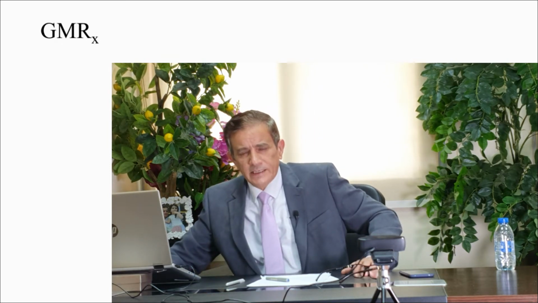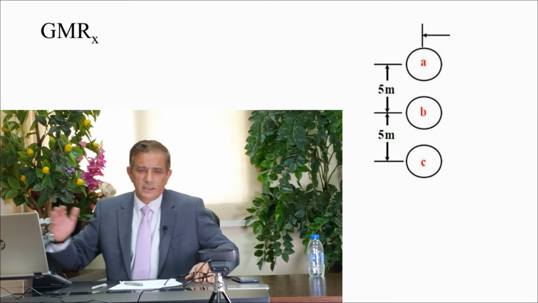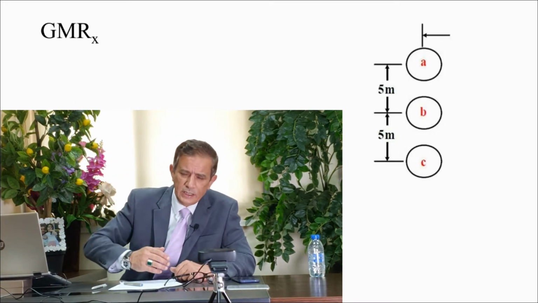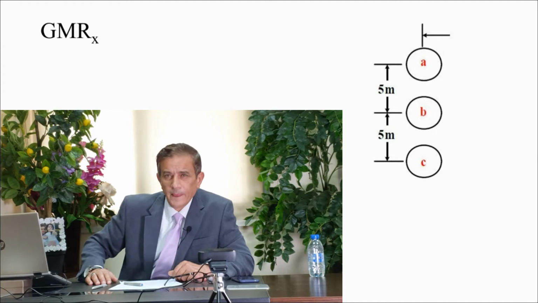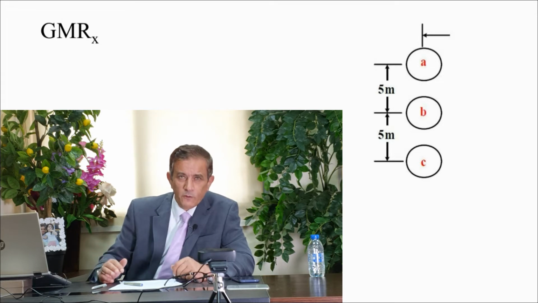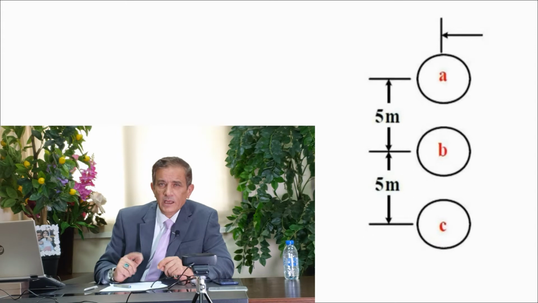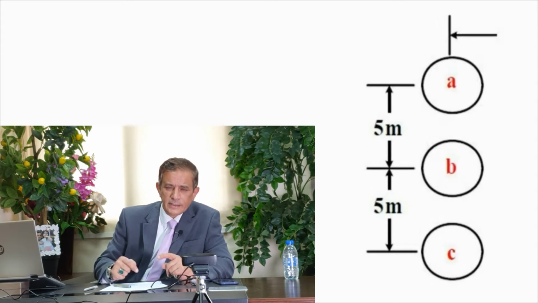If I go to the geometrical mean radius of the X circuit, X is the 3 conductors and Y is the 2 conductors. This is the X circuit. I have 3 conductors. Normally, the number of multiplications for the geometrical radius will be the number of conductors squared.